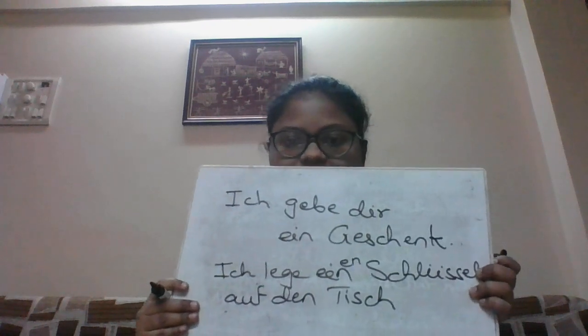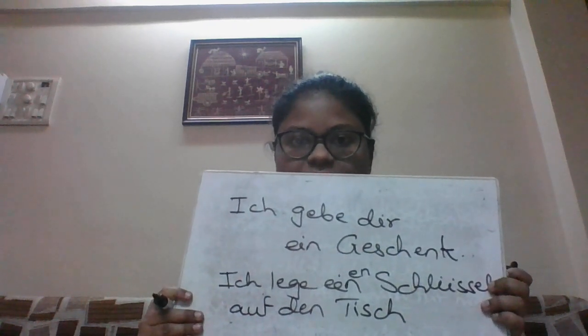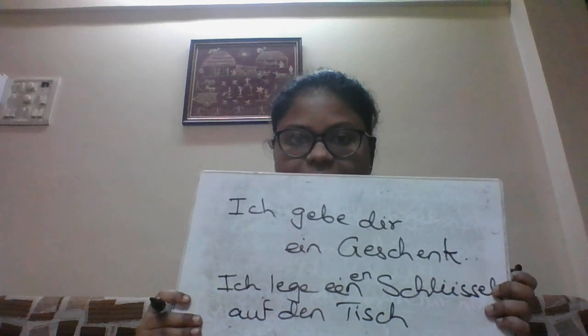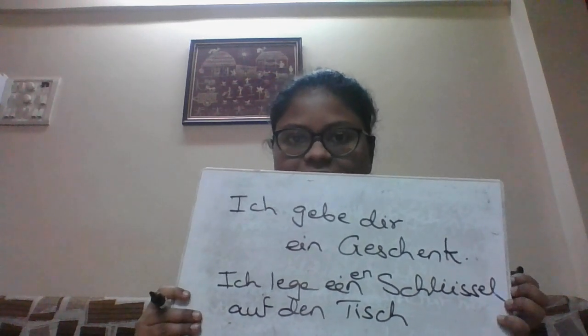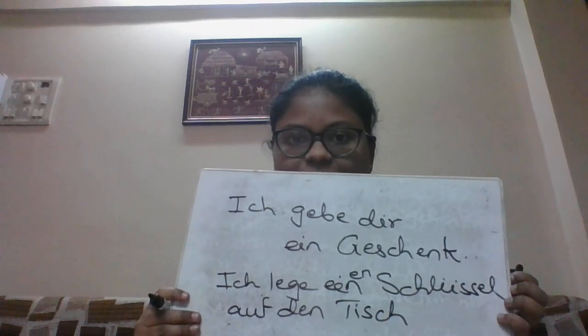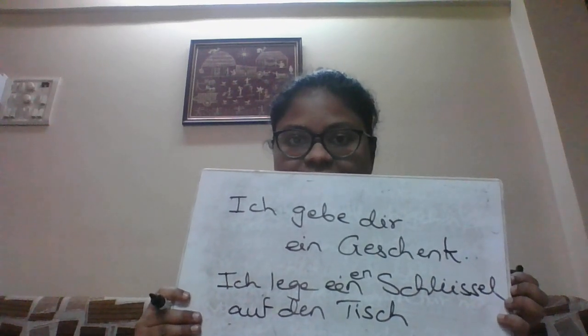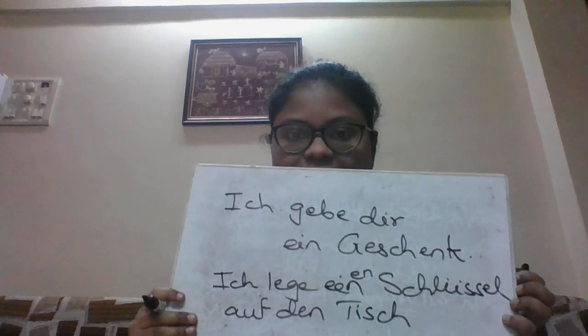So see the sentence very carefully. What am I keeping? The key. So key is the direct object, and where I am keeping, the action is not directly on the table. So the action is not directly happening on the table.